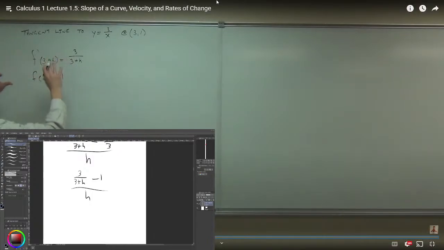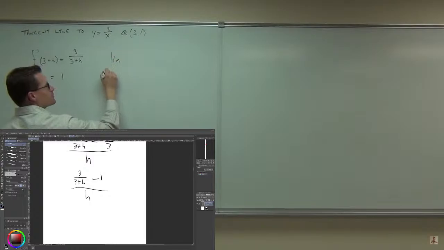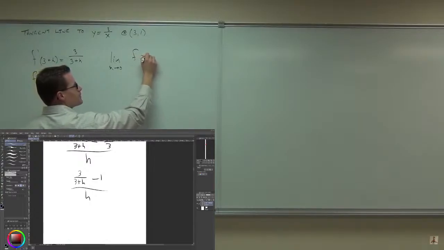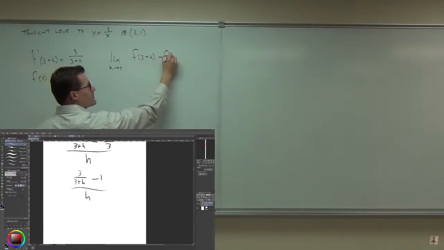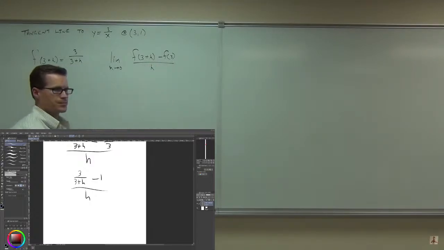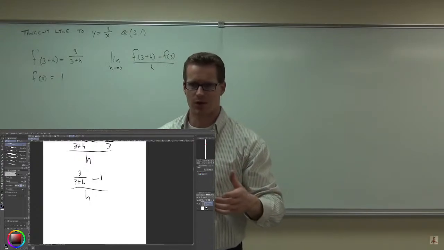We have our f of 3 plus h, we have our f of 3, and we're trying to find out what this thing's going to be as h approaches 0. That's what we dealt with last time. You remember inventing that last time, I hope, yes?